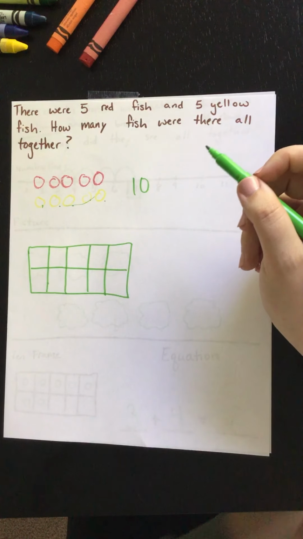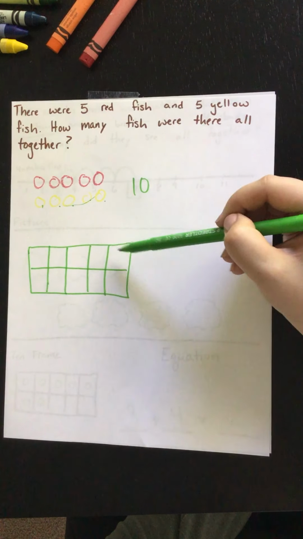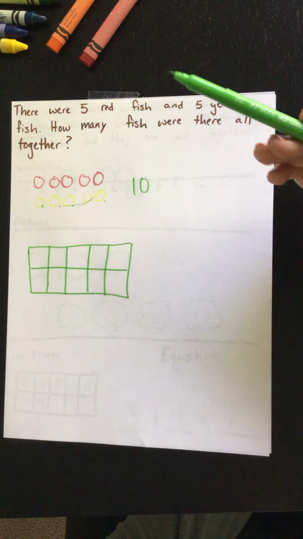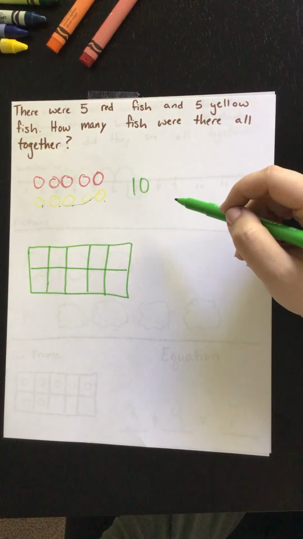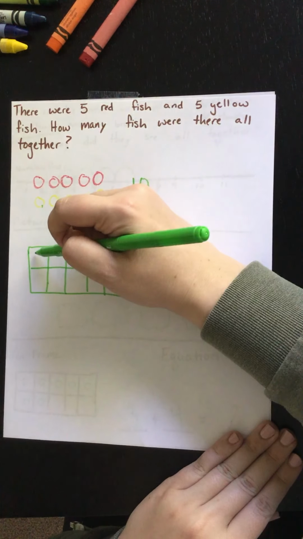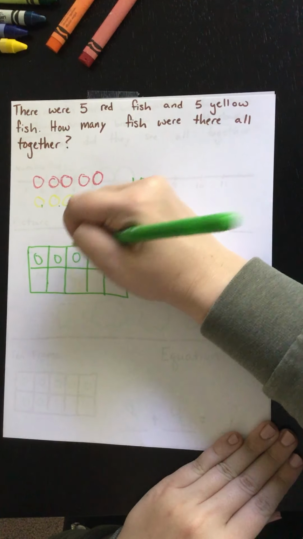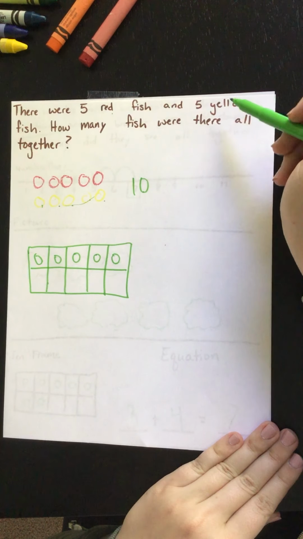And we have to double check that our 10 frame has 10 spots. 1, 2, 3, 4, 5, 6, 7, 8, 9, 10. Good, we're ready. So now we're going to add our fish to the 10 frame to make sure that we got the right number when we were drawing our picture. So 1, 2, 3, 4, 5 red fish. Now we need to add the yellow fish.